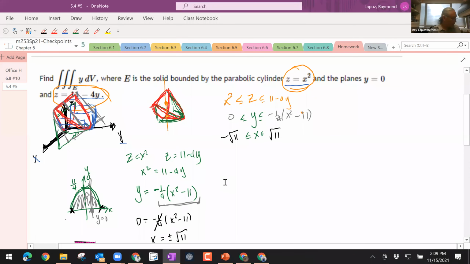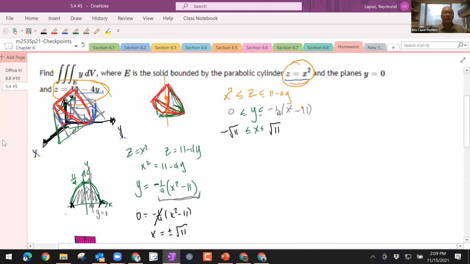All right, let's actually set up the integral now. And this integral is looking pretty messy. The integrand is y. The inner integral is going to be with respect to z, and z is going to go from x squared to 11 minus 4y.